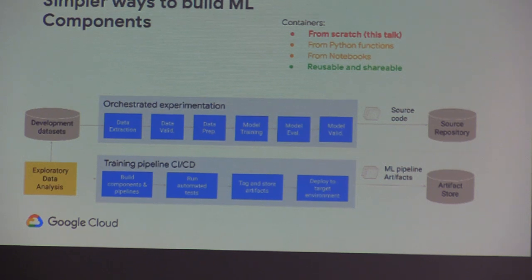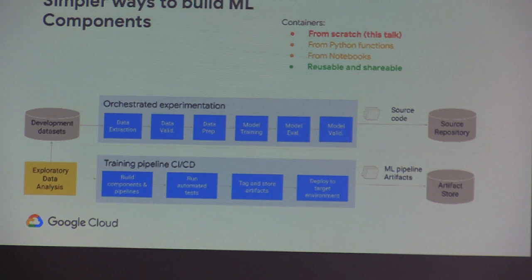The next thing that's happening is that what I showed you here was creating containers from scratch. I hinted that we're developing ways to create a container from Python functions, and ways to create containers from notebooks, but also ways to do reusable and shareable notebooks.